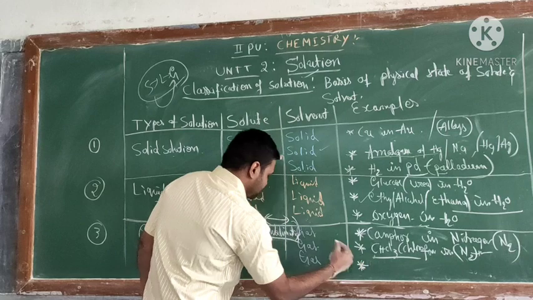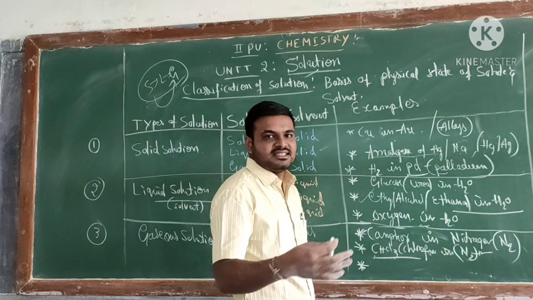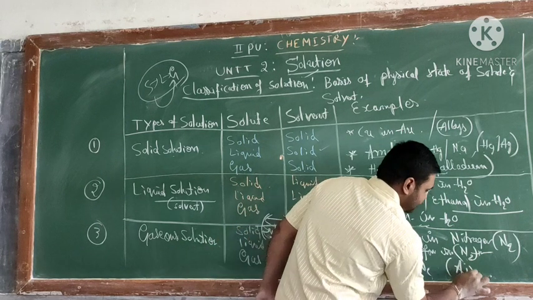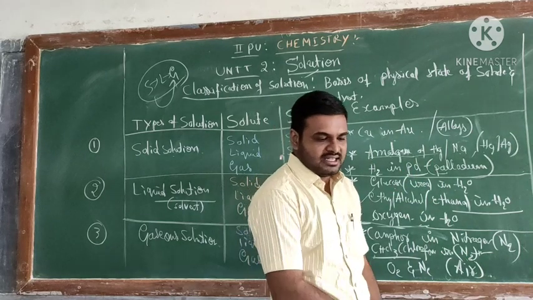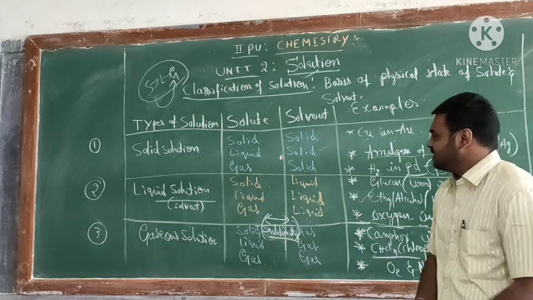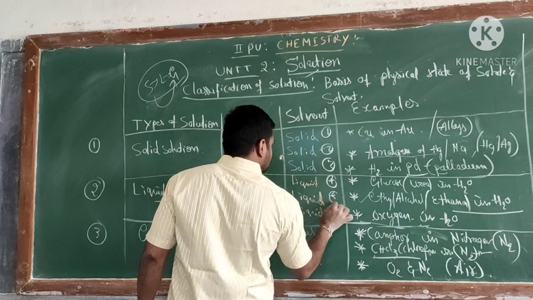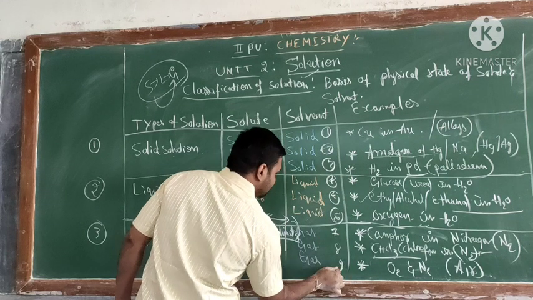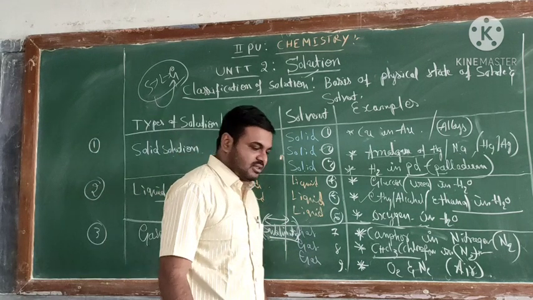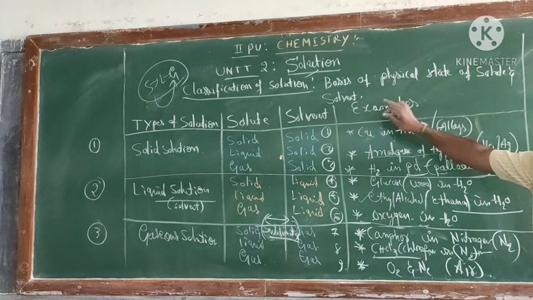And the last one, gas and gas: air molecules in the atmosphere. Oxygen gas and nitrogen gas are called air. These are the 9 types of classification: 1, 2, 3, 4, 5, 6, 7, 8, 9, observed under the physical state of solute and solvent.